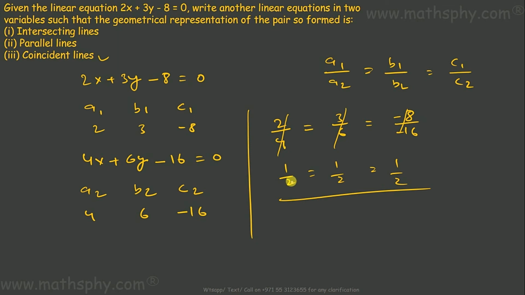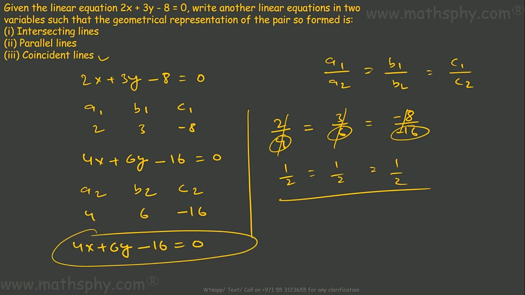So x coefficient 4, y coefficient 6 and c2 negative 16. So I'll write 4x plus 6y minus 16 equals 0. So that's the equation here. Pairing up with this one will give me coincident lines. Likewise, you can write many equations which will support this. Alright.